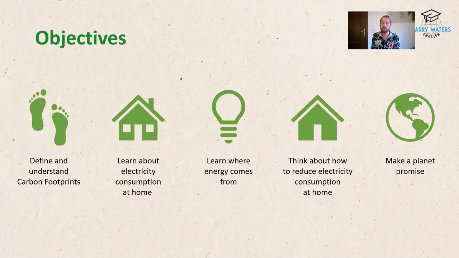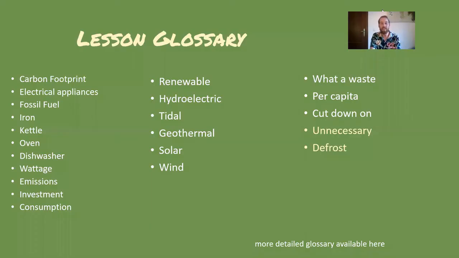Did we think about how to reduce electricity consumption at home? And did we make a planet promise? Hopefully we did. There's a quick lesson glossary here if you'd like to pause it. It's also on the worksheet, which is more or less the PowerPoint broken down without any answers, and a bit more detailed lesson glossary.